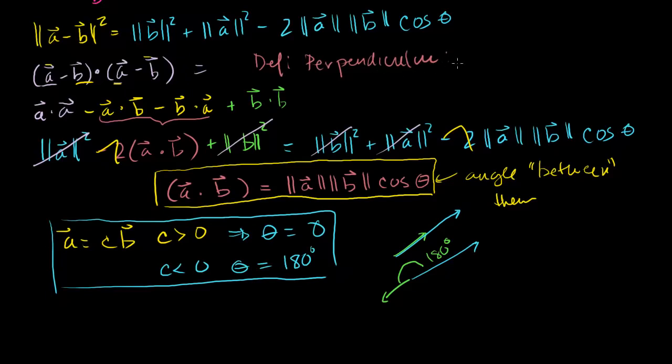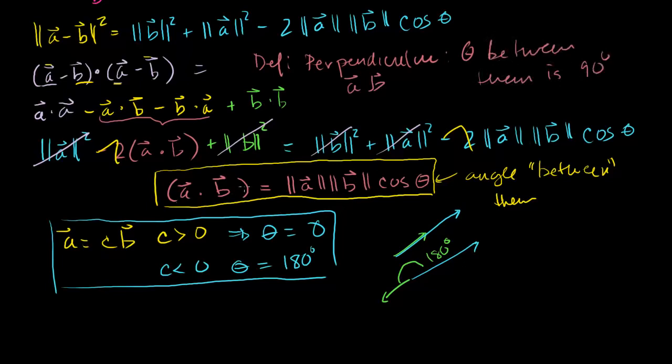We're defining two vectors a and b to be perpendicular if the angle between them is 90 degrees.